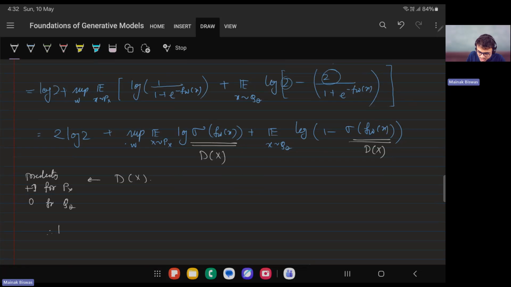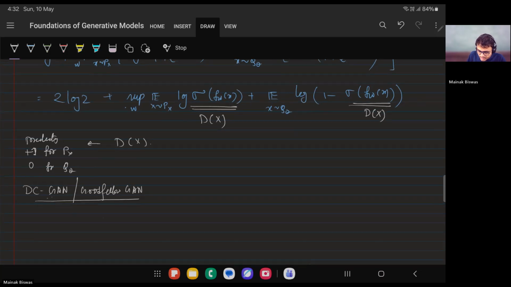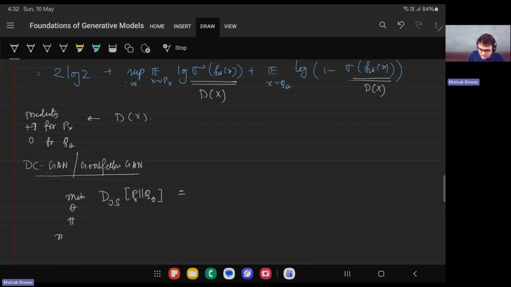So therefore the objective becomes the DC-GAN or Goodfellow GAN objective: the JS divergence between p of x and q theta, the minimum over theta, right? This is just minimization of the f divergence, minimization of the JS divergence.